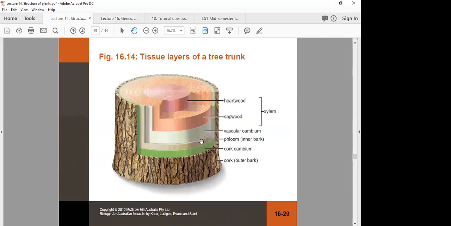So here we have the phloem, which of course is transporting photosynthate, and you find that towards the outside of a stem or a trunk. So everyone's probably familiar with the term ring barking. Has everyone heard of that, when you ring bark a tree? Yep.